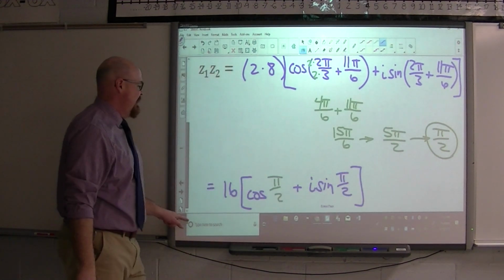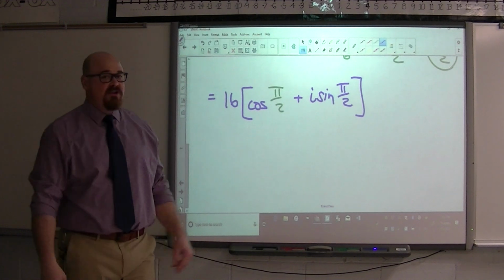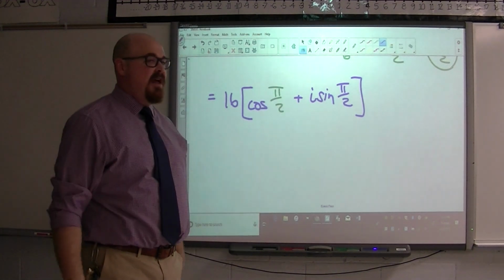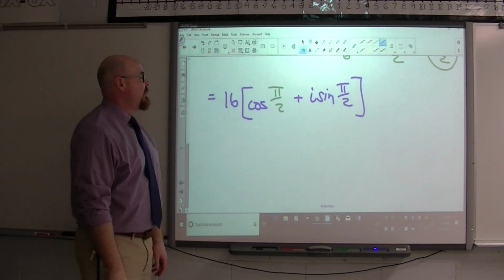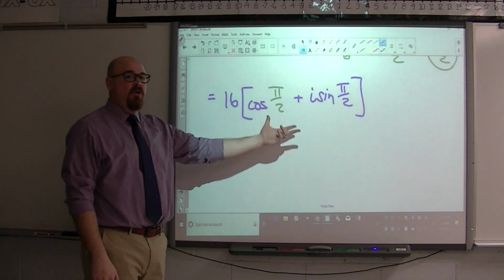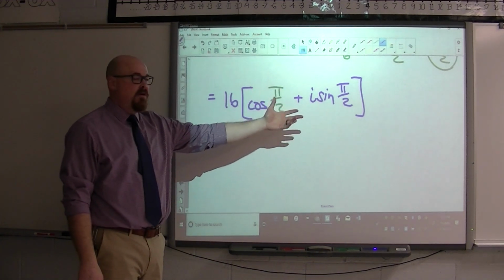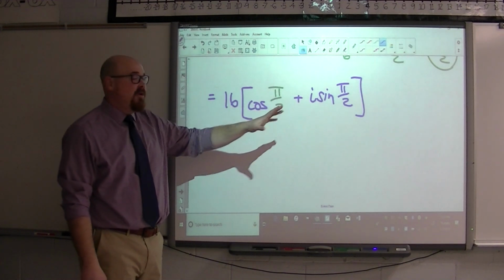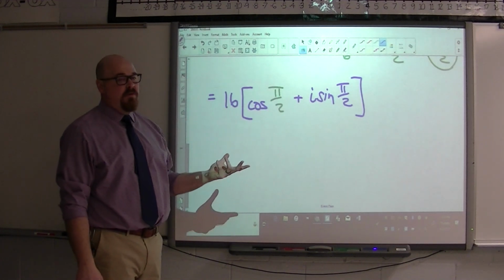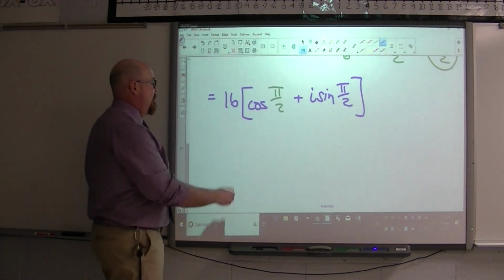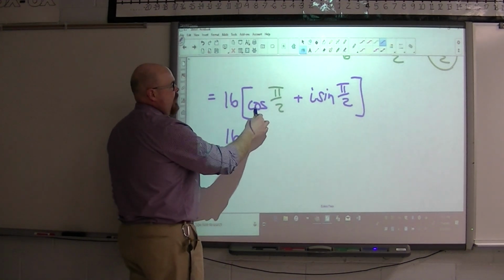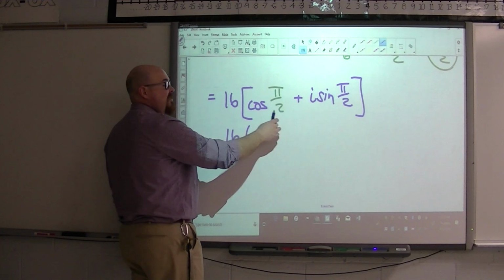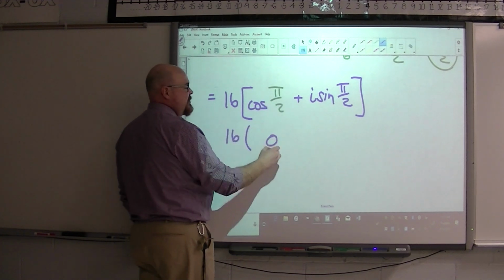Now, when you look at this, pay attention to the blue font in MathXL, or the directions, if you will, because if they want the polar form of the number, we can stop here. We have the new modulus, we have the new argument, we can stop. But they may ask for this in standard form. If they ask for this in standard form, we've got to calculate this. The cosine of pi over 2 is the x-coordinate at pi over 2, which is 0.